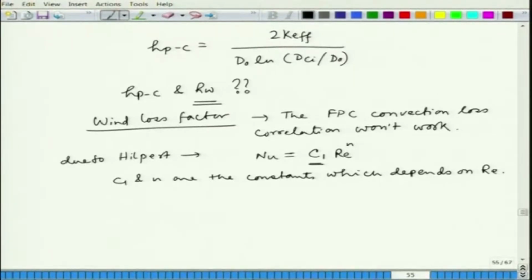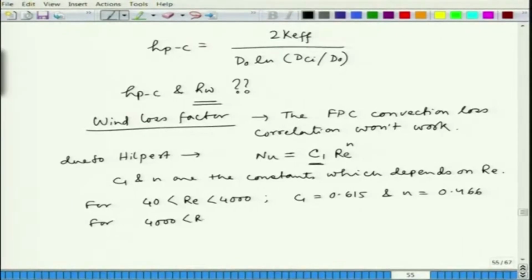Okay. So, what are they? So, for Reynolds number between 40 and 4000, okay, we get C1 equal to 0.615 and n equal to 0.466. Okay. For the next range between 4000 and 40,000, we have C1 equal to 0.174 and n equal to 0.618.